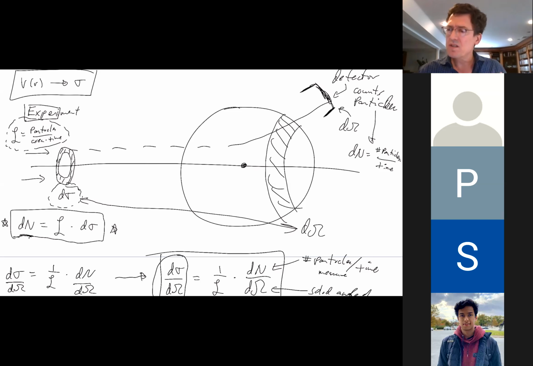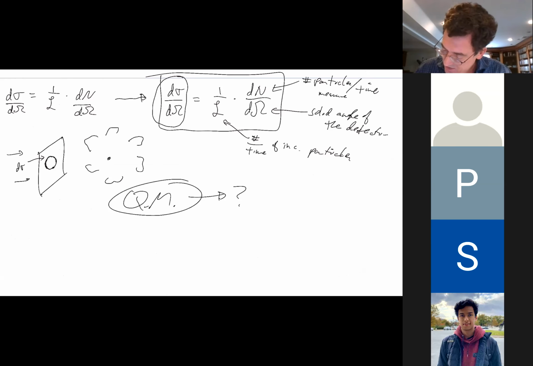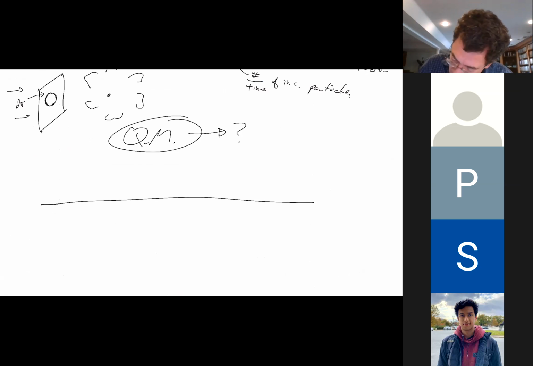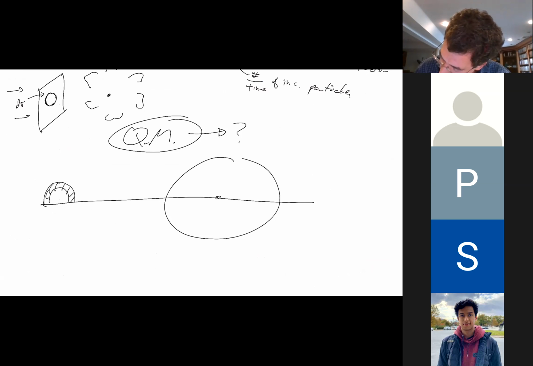It's however you want to, because the d sigma and the d omega are related. For example, if I look at this picture and I only did the upper half, then it would only go into the upper half.